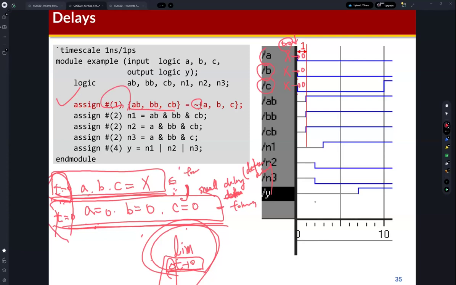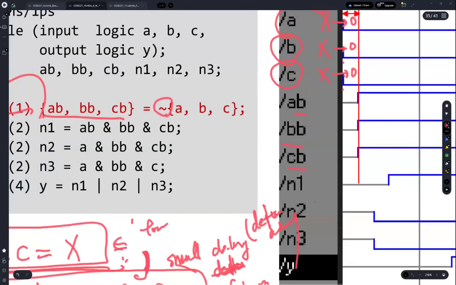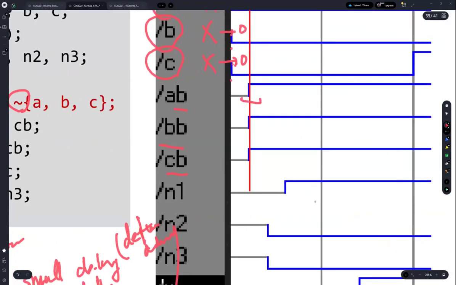If you see the waveform, you can find that this is X. Actually this is gray color, and you can find that these signals are blue color.